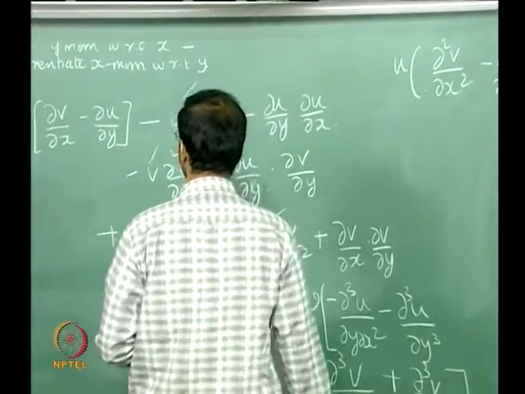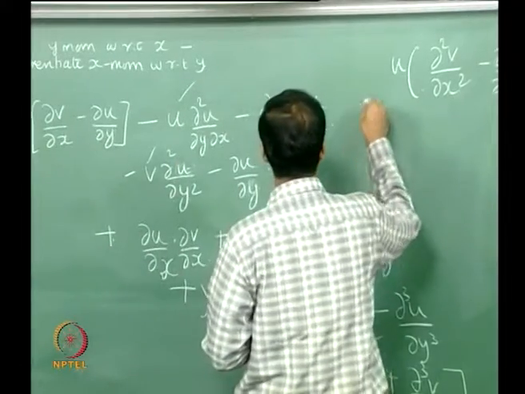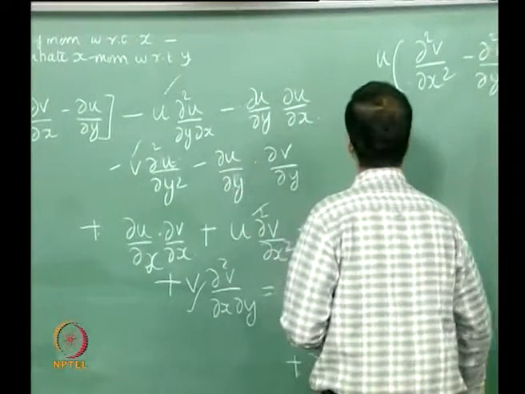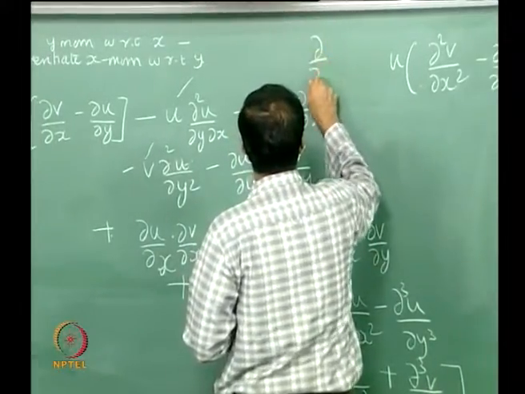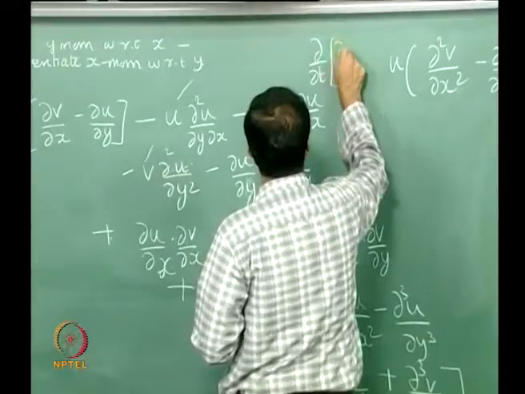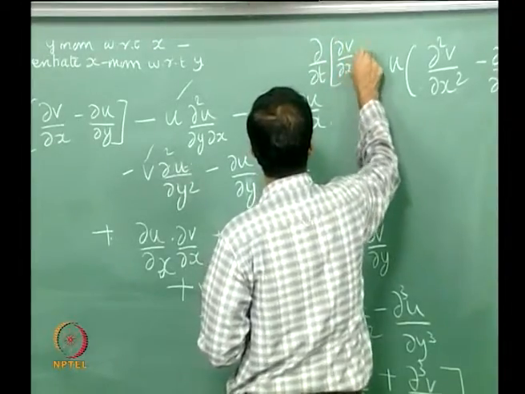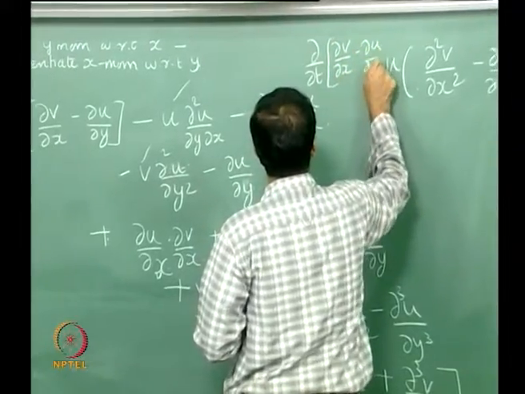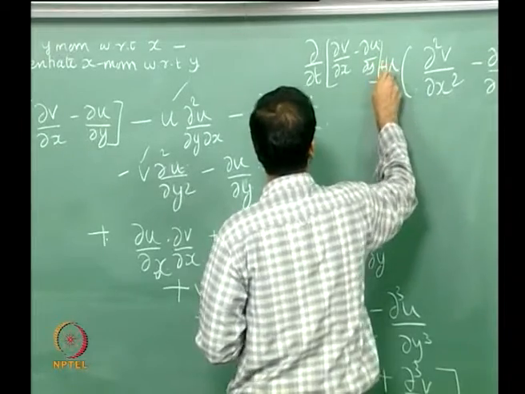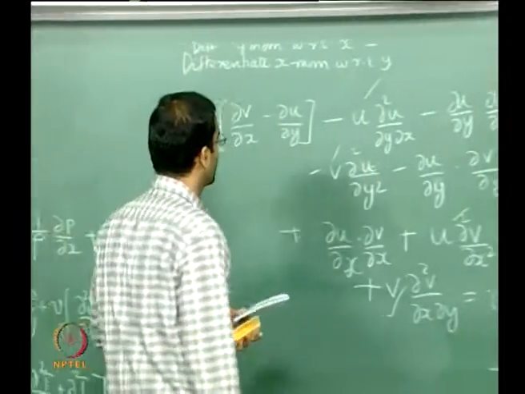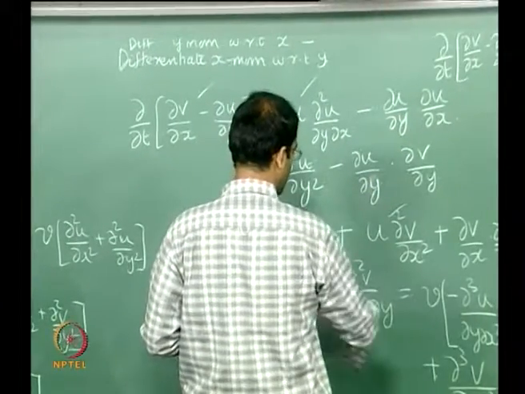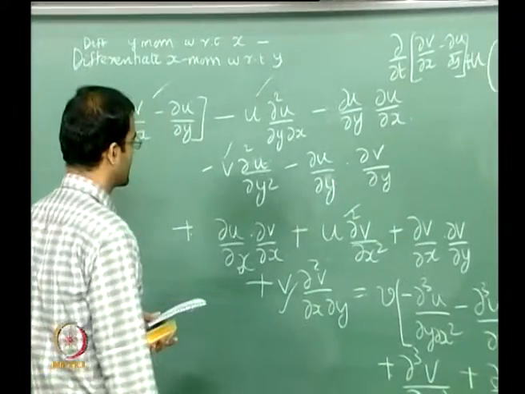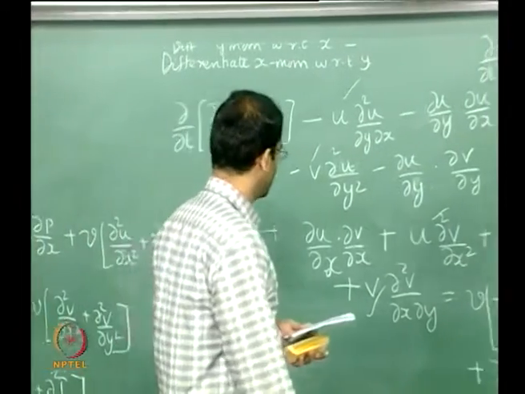So we have 4 terms taken care of, and before that I am going to add the temporal derivative term, that is d by dt of dv by dx minus du by dy, plus these terms, right. So this term is also taken care of. Now we have 4 terms which are still on the left hand side that have to be grouped together.